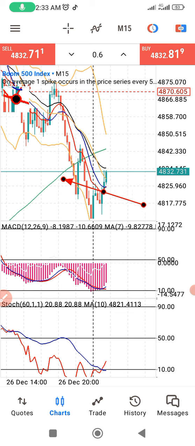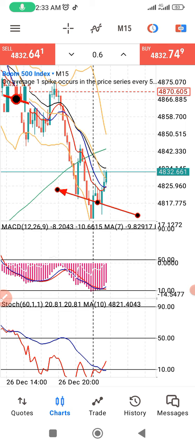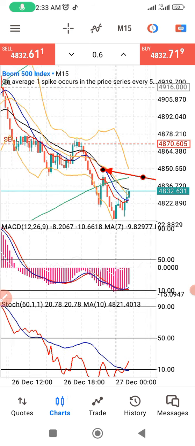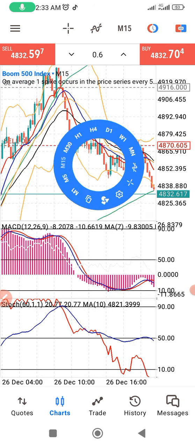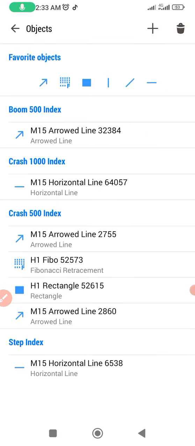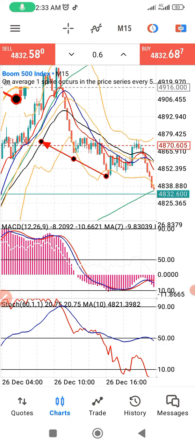So any trade we take below this middle Bollinger Band is a continuation trade, and any trade we take at the upper Bollinger Band is our reversal trade.